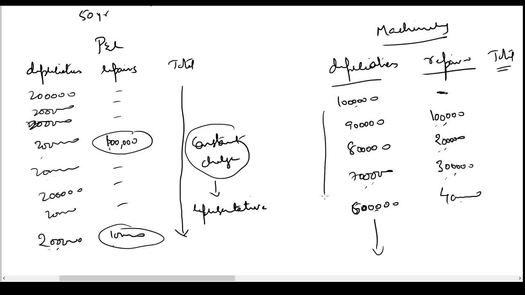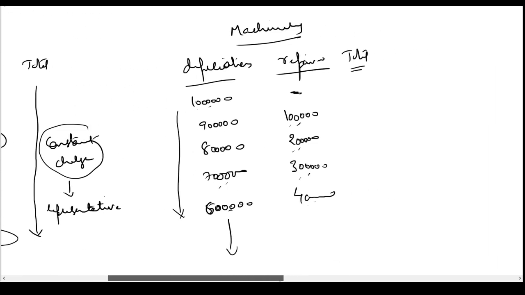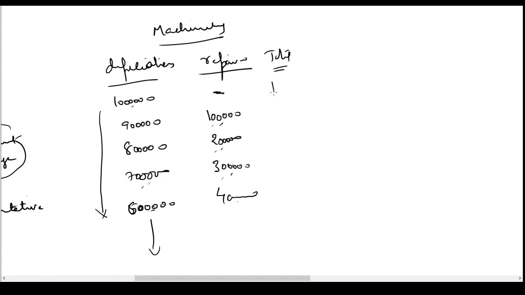Here I am reducing the depreciation every year, whereas I am increasing the repairs every year. So if you observe, the total impact would be 10 lakhs, 10 lakhs, 10 lakhs, 10 lakhs, 10 lakhs. So this is also creating a constant charge to the profit and loss account.